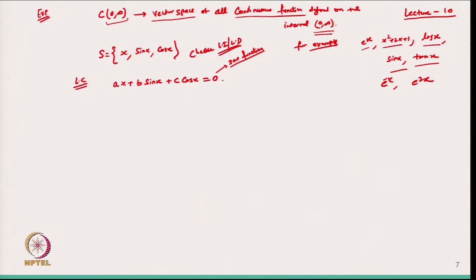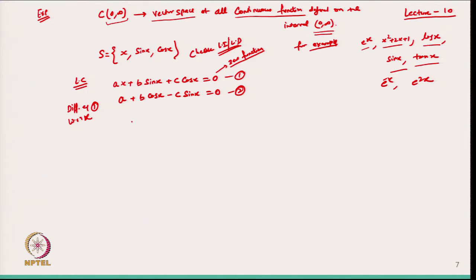I can just differentiate equation 1 with respect to x. From here I get a plus b cos x minus c sin x equal to 0. So, I get the second equation, but I need one more equation so that I will get a 3 by 3 system.